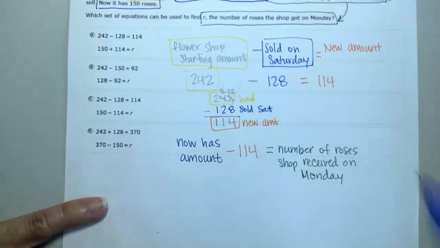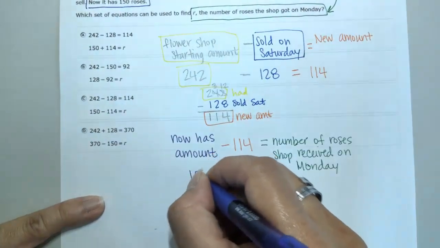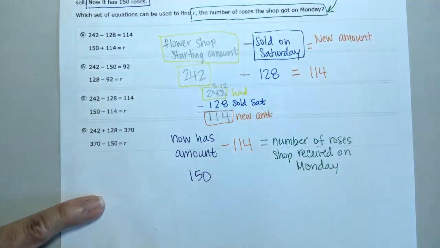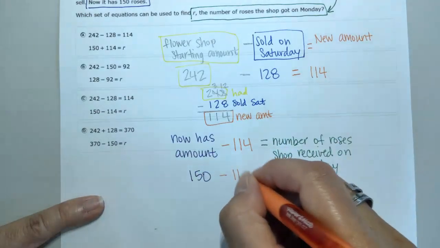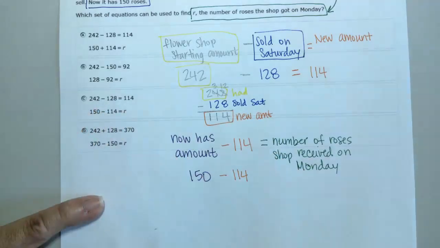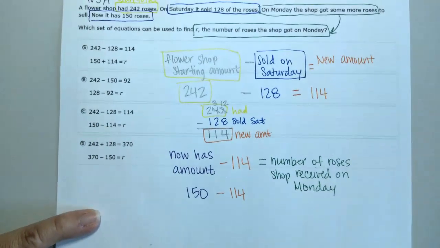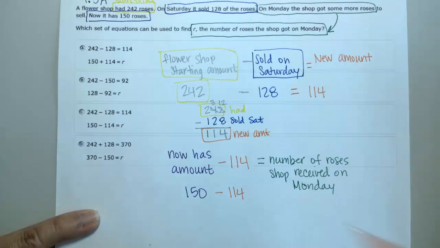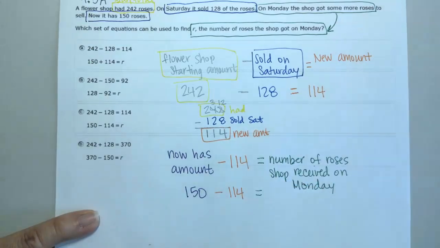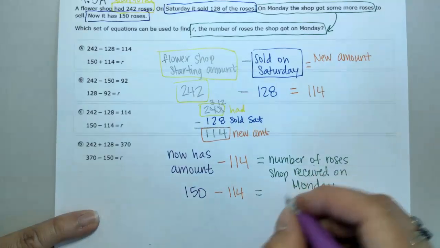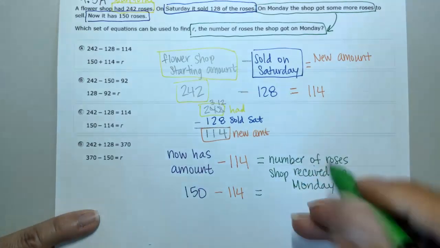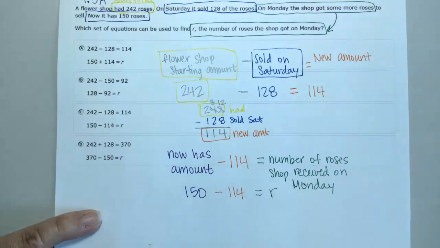The shop now has 150. Take away the 114, which was the original amount, take away the amount of roses on Saturday, that will equal R.